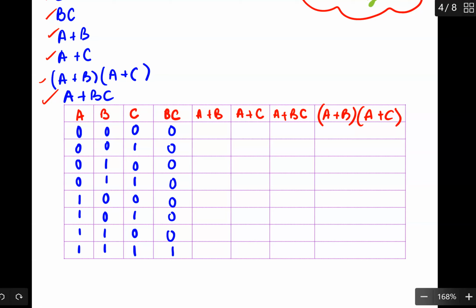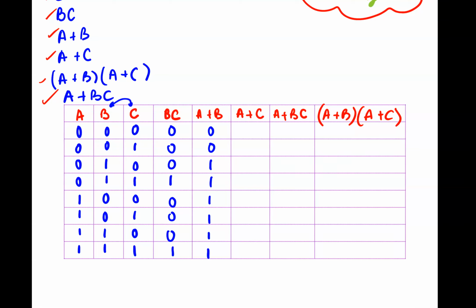Okay, so B times C, in this case, I believe this one should be 1. Okay, so I take a look at these two columns. I should have 0, 0, 0, 1, 0, 0, 0, 1. So now A plus B, I should have 0, 0, and the rest of them should be 1. Okay, A plus C, I should have 0 here, 1 here, 0, and the rest of them should be 1.